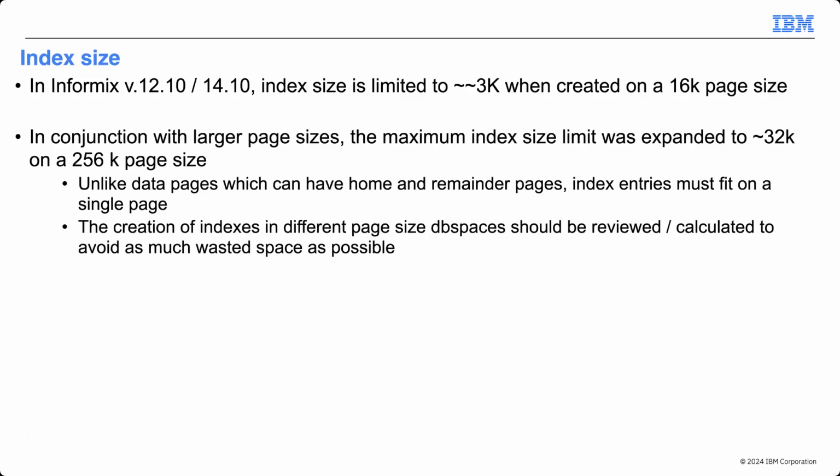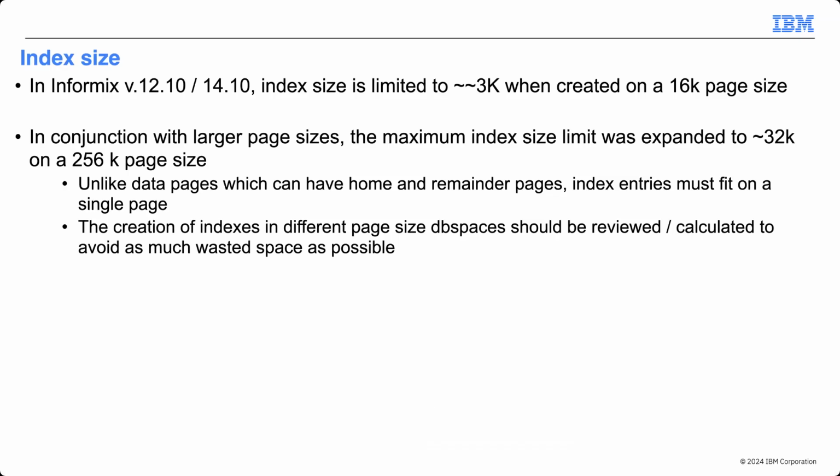And inside baseball here, for an index to be created successfully on a page size, we actually have to be able to store 5 index entries per page, or the index won't build. You'll get an error saying that the page size is incompatible.